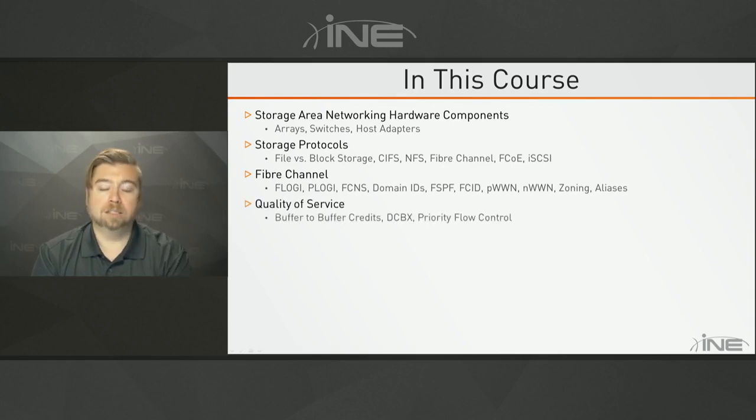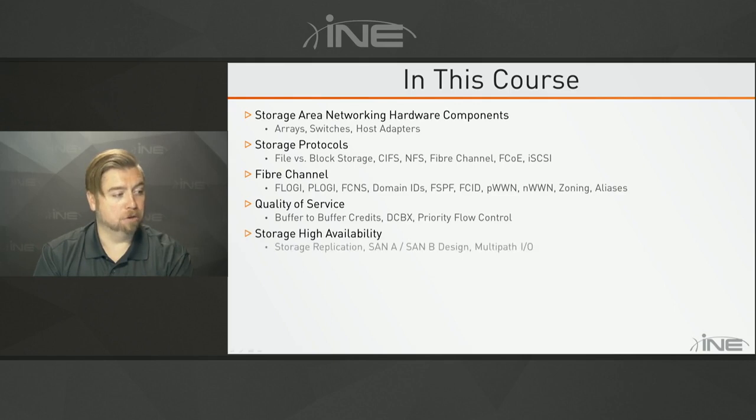We'll then talk about quality of service. What are the differences between native Fibre Channel and Fibre Channel over Ethernet in terms of how they deal with congestion in the network, flow control, congestion avoidance, and congestion management? We'll then talk about high availability, in terms of how we replicate our storage from one data center to another, using either active-standby or active-active storage replication.